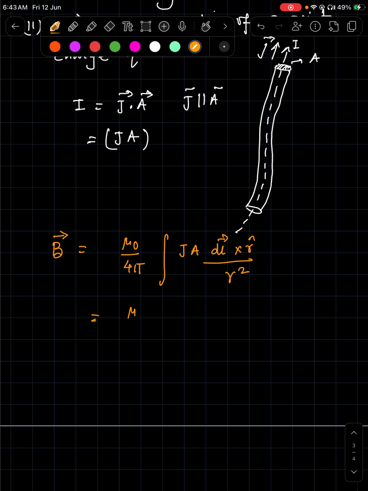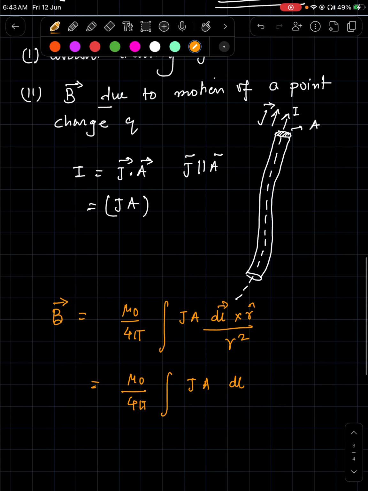Now we are going to express everything properly. I am writing dl again as a vector: dl into the unit vector along dl.